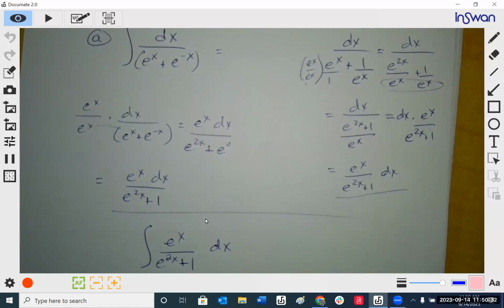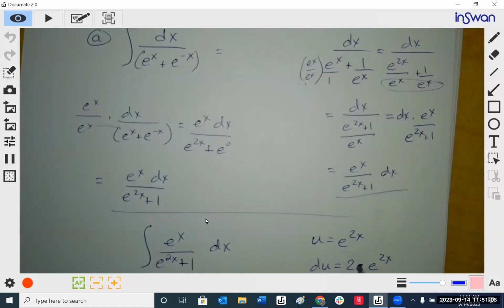Can we use the e^u du form? So u is going to be e to the power 2x. du is supposed to be 2x e to the power 2x.